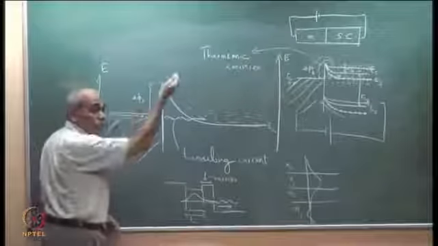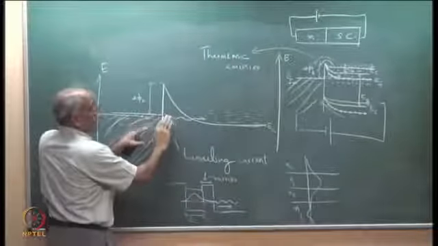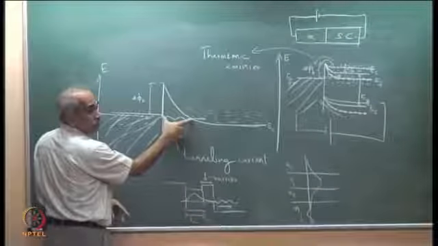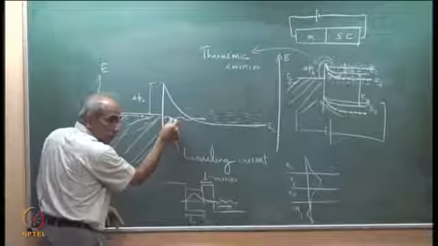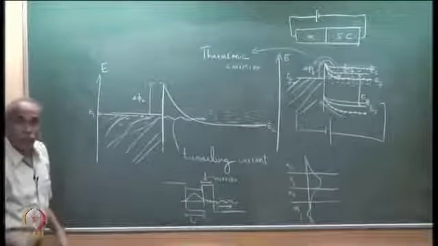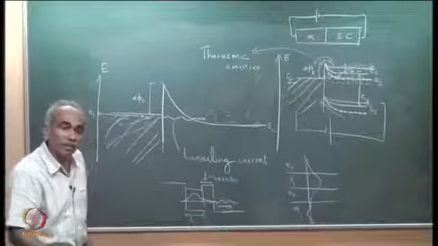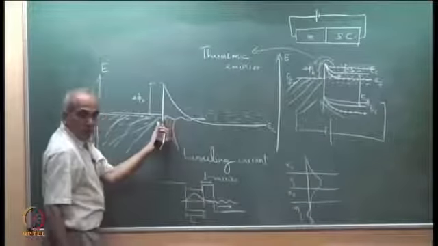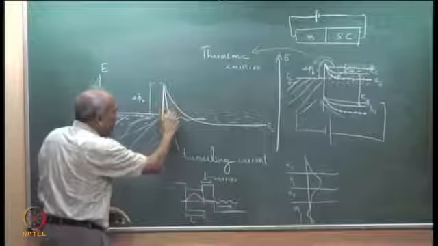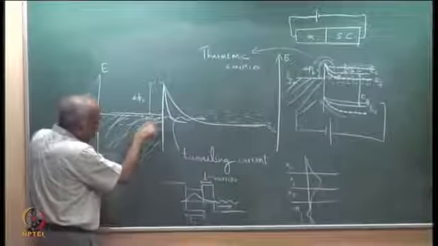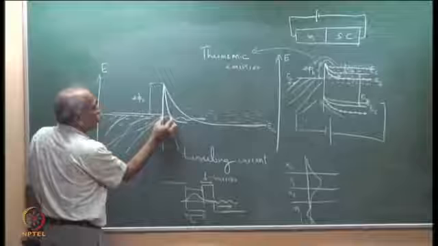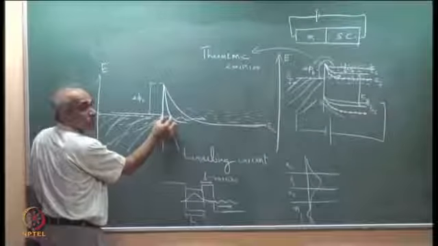If I want to increase this, right now the tunneling probability is very low because the barrier width is very large. If I can somehow reduce the barrier width, I have a very large probability of tunneling, and therefore I can increase the reverse current. So, how can I reduce the barrier width? If I could somehow reduce the barrier width like this, for example, then the tunneling probability would be much more because the barrier width is much smaller.